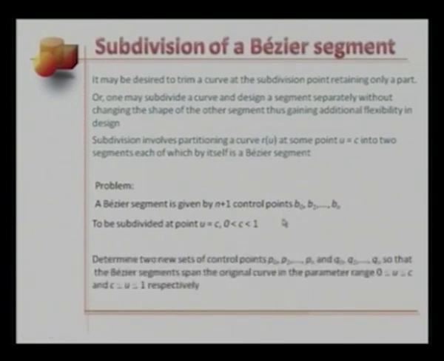We need to determine two new sets of control points, namely P0, P1 up till Pn. So this is the first set, and Q0, Q1 up till Qn. This is the second set, so that the Bezier segments span the original Bezier curve in the parameter range 0 to c, and c to 1 respectively.